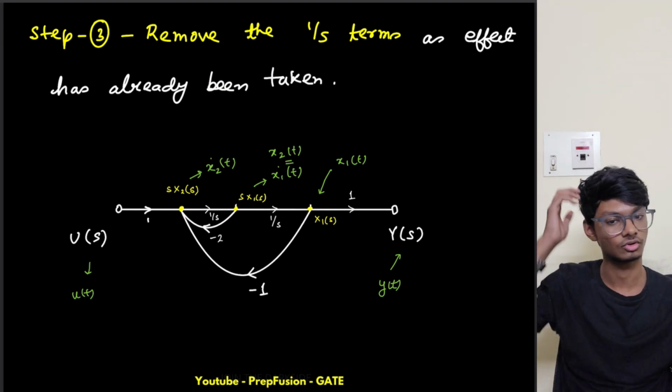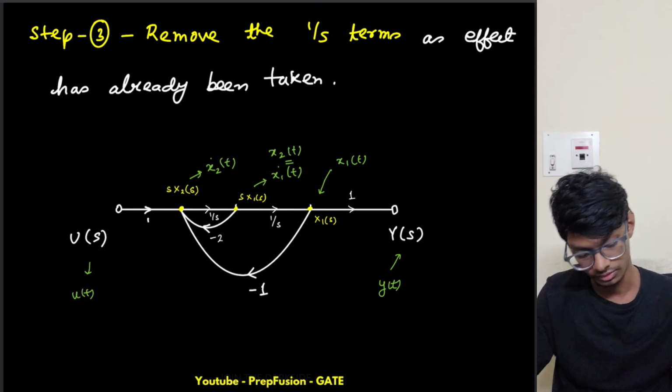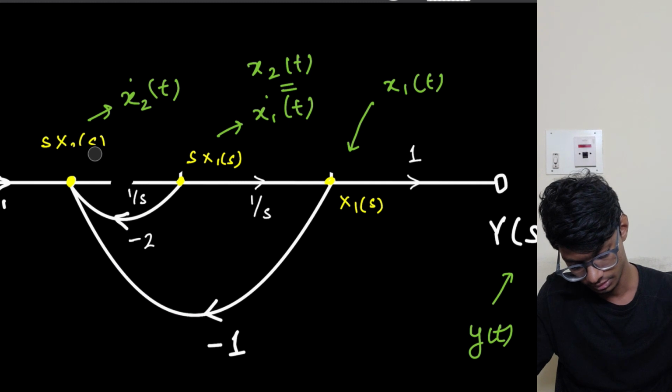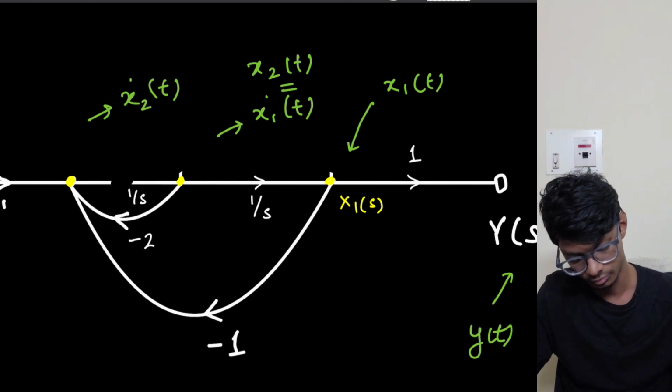Okay, as the effect has already been considered or taken. So what I will do, I simply remove the Laplace terms also. Okay, this 1 by s terms also I will remove.